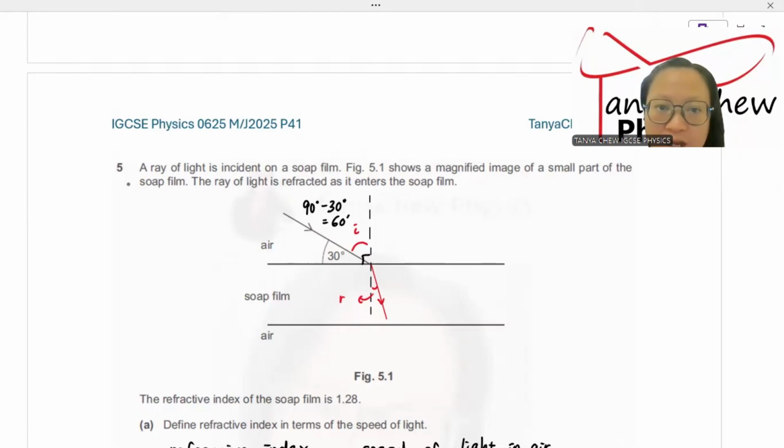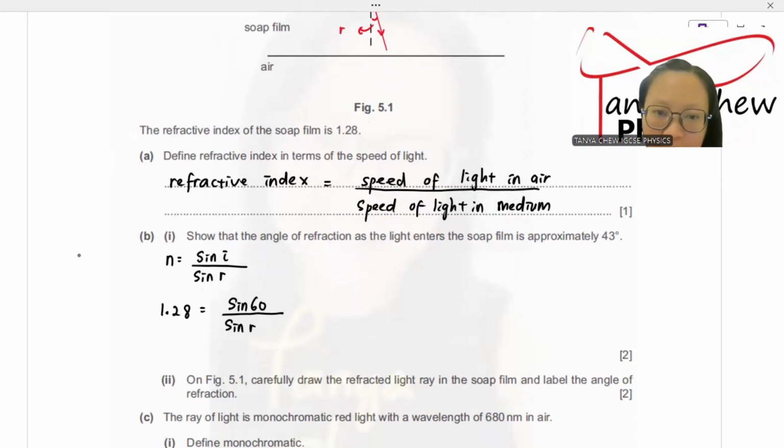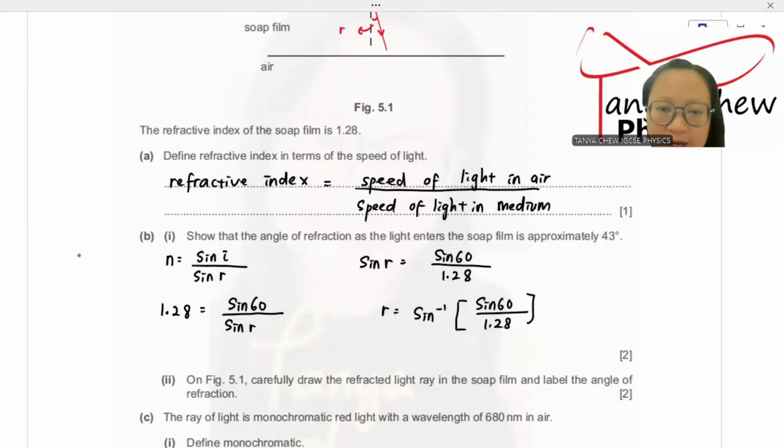Don't make a careless mistake. 60 degrees is the incidence angle. So sine 60 degrees divided by sine refracted angle. Sine refracted angle is equal to sine 60 divided by 1.28. R is equal to shift sine 60 divided by 1.28. Get an answer?